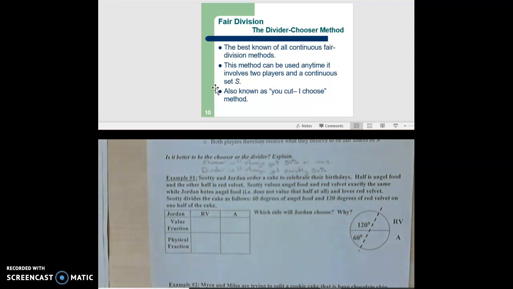The divider will always get exactly 50%, because that's how they're going to break it up. All right, any questions so far?